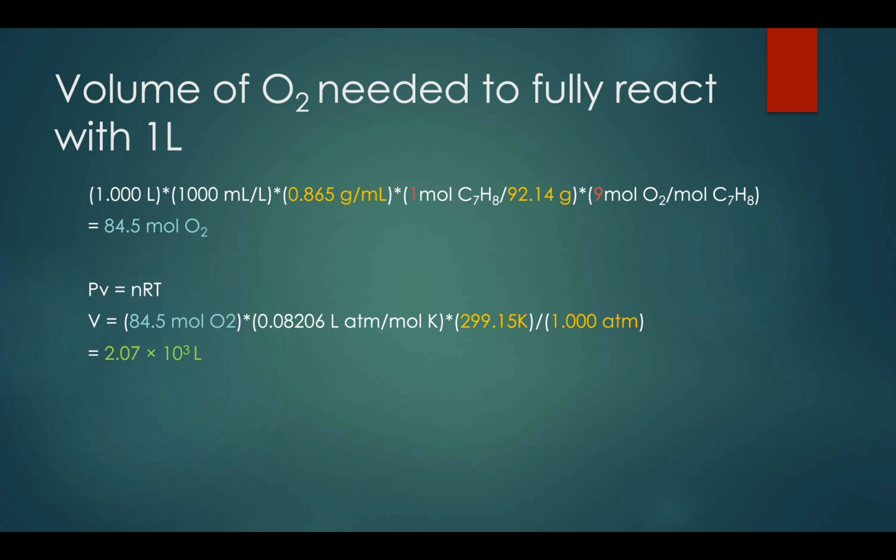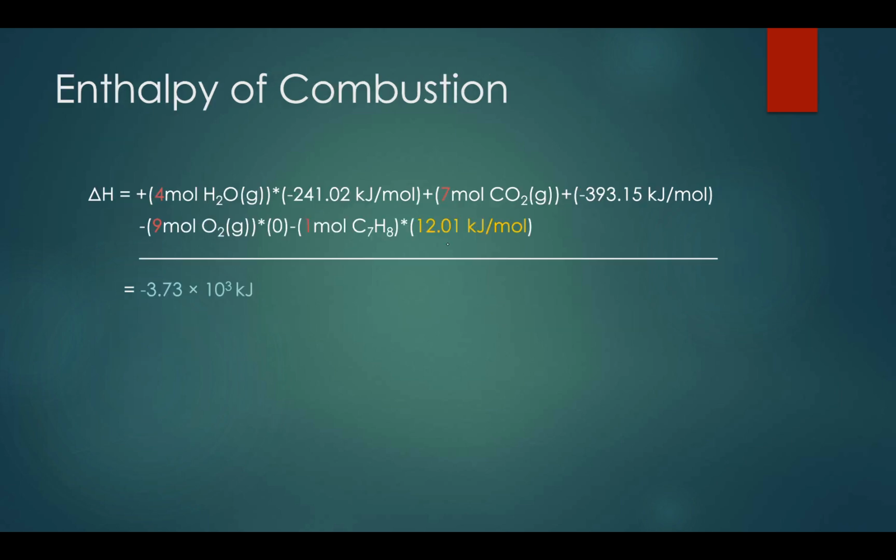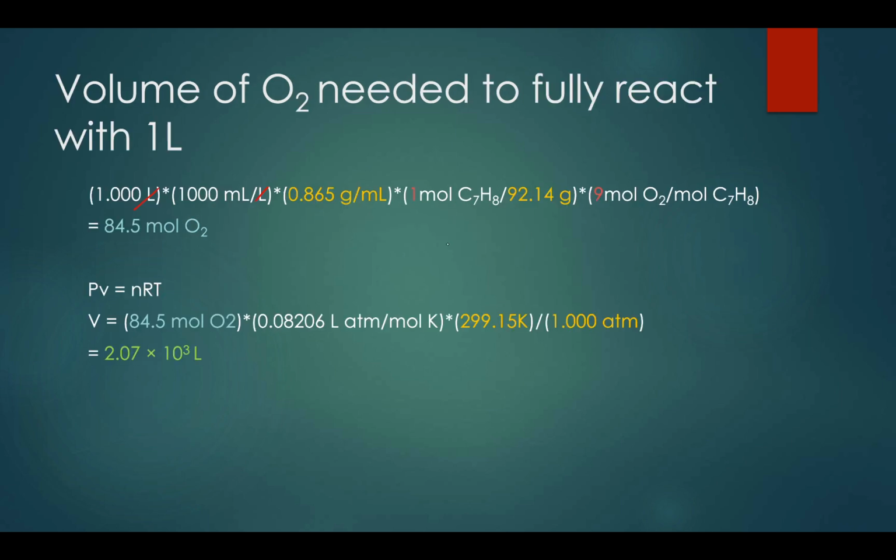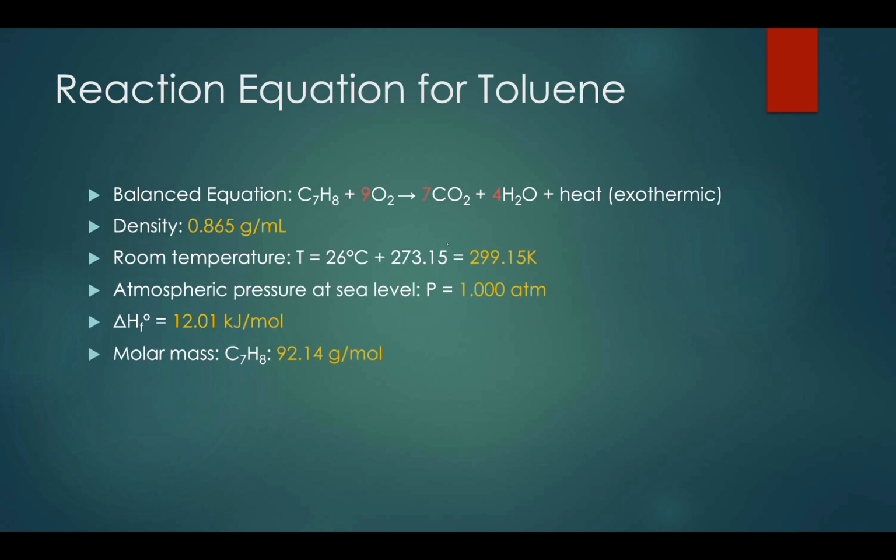So we're going to be calculating the volume of O2. So we're going to get 1 liter multiplied by 1,000 milliliters divided by liters. So here, liters cancel. Here's our density, divided by milliliters. Here, these milliliters cancel out. And here's our stoichiometry. Notice again, these numbers are highlighted in red, so you guys see the balanced equation.